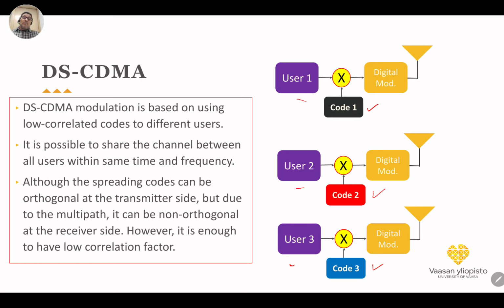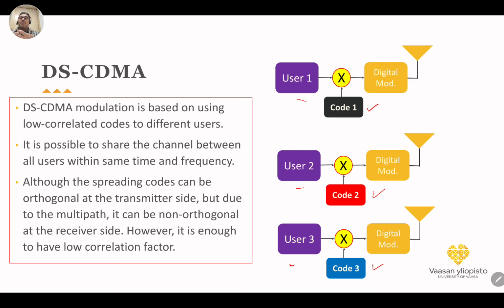However, because of the multipath and delay of the channel, even if they are orthogonal at the transmitter, you cannot guarantee that they will be orthogonal at the receiver. So the idea is that we use codes for which, even if there is some delay, the cross correlation will be as small as possible.